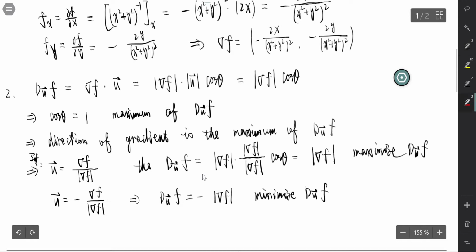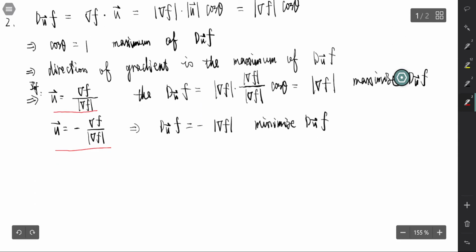So the maximum of the directional derivative is in the direction of the gradient, and the minimum of D_u f is in the negative direction of the gradient, from the definition of directional derivative.